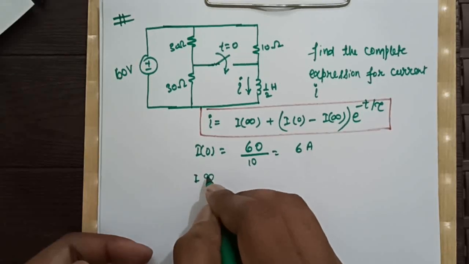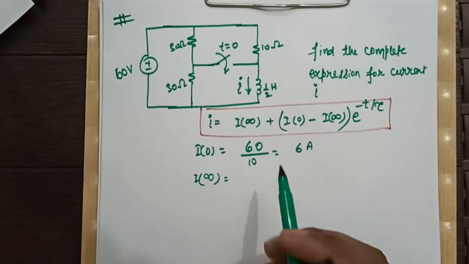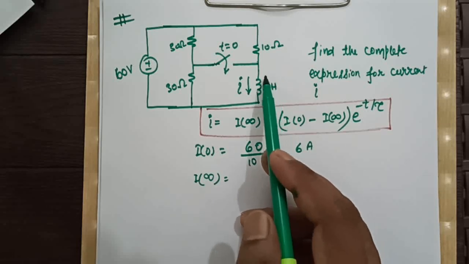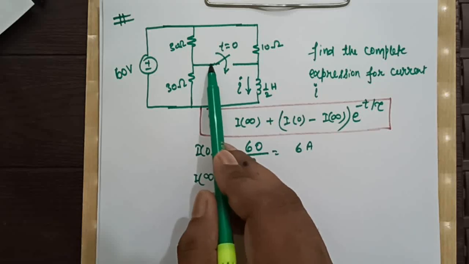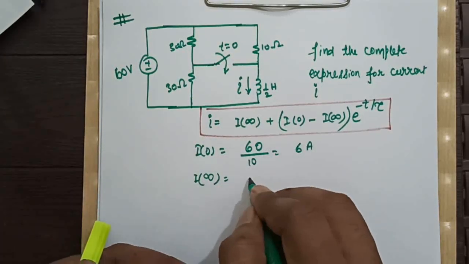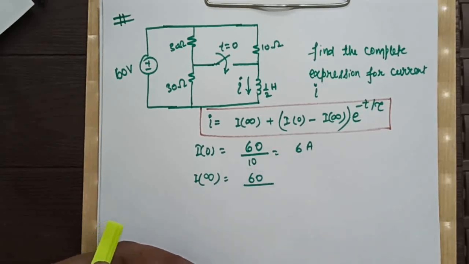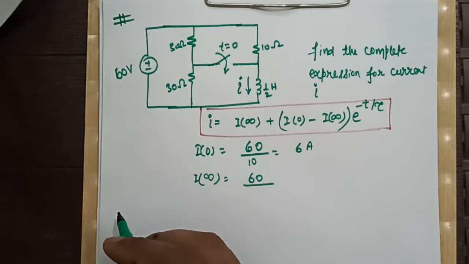And after the switch is closed at time t equal to 0, what will be the current at time t equal to infinity? Once again at time t equal to infinity, this inductor will act like a short circuit, but this branch will also get shorted. Now see, first of all let us draw the circuit, how it will look.